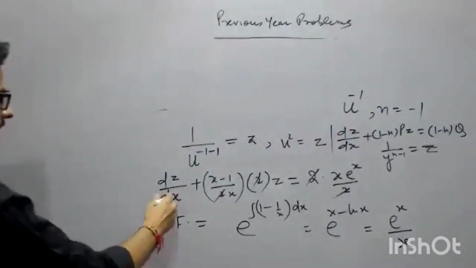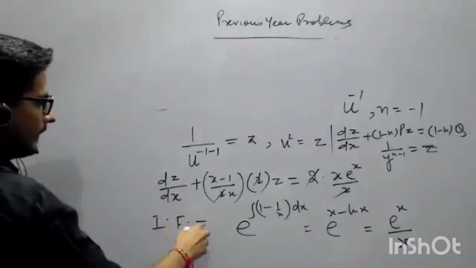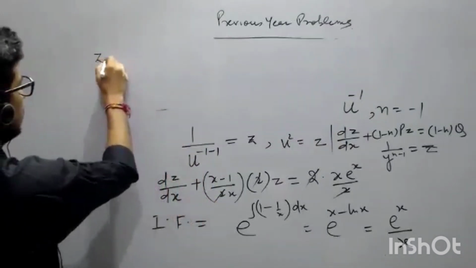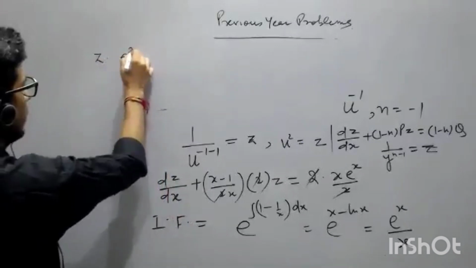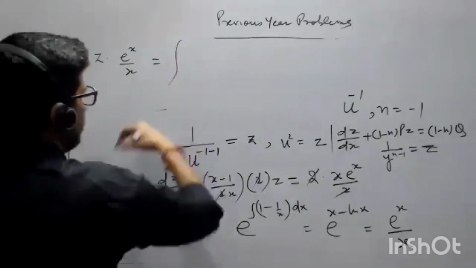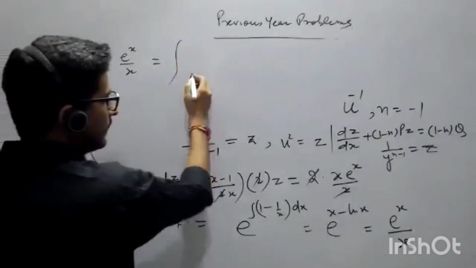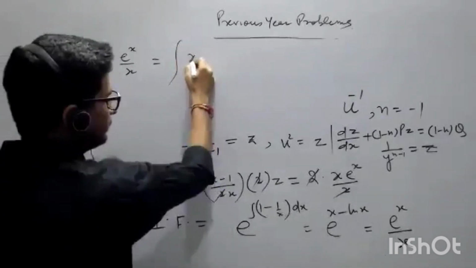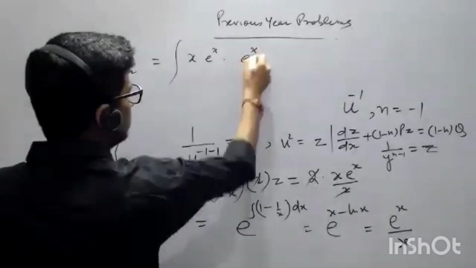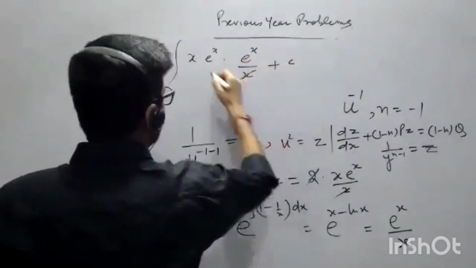So what will happen? z into integrating factor is equal to the integral of q into integrating factor, plus c.